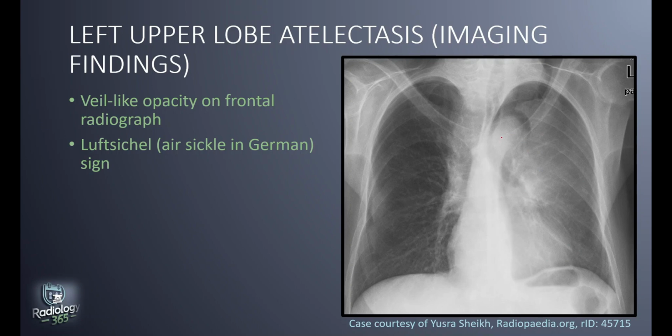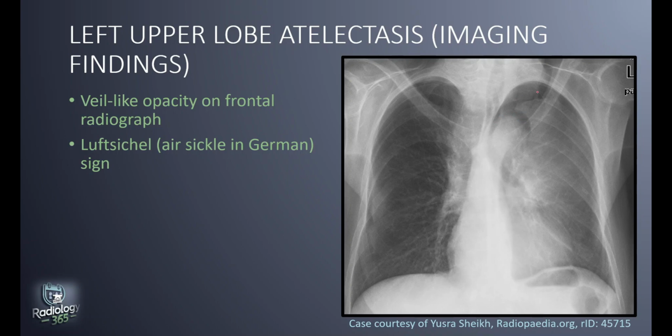Then if you look at the interface between the arch of the aorta, you can see a kind of comma-shaped lucency separating the arch of the aorta from the veil-like opacity that is overlying the left hemithorax. So this comma-shaped air lucency is what we are calling the air sickle. That's the Luftsichel sign.